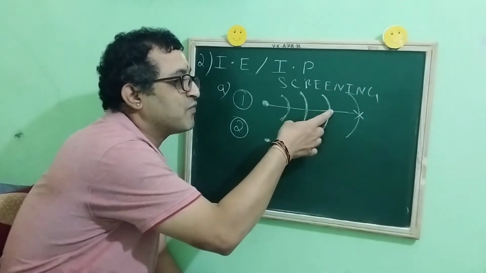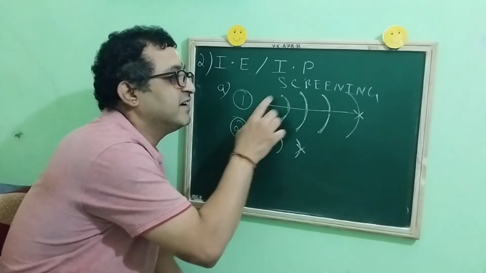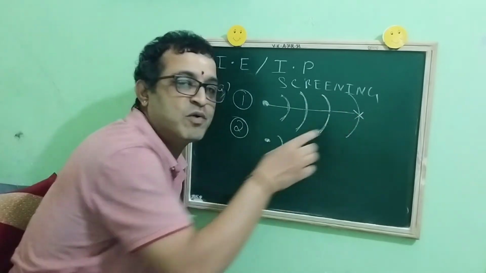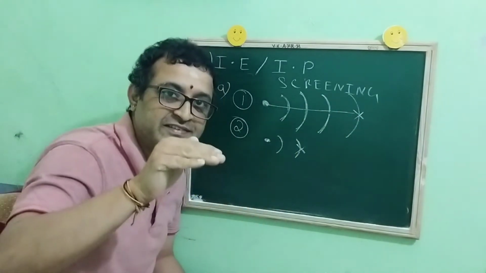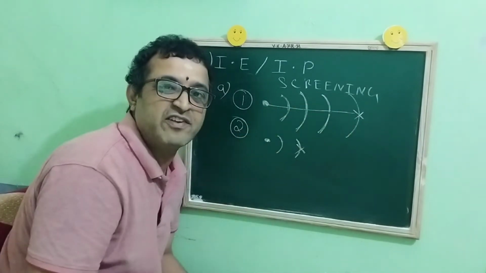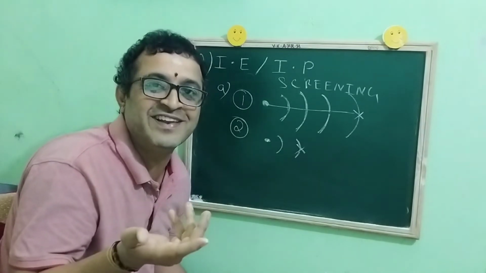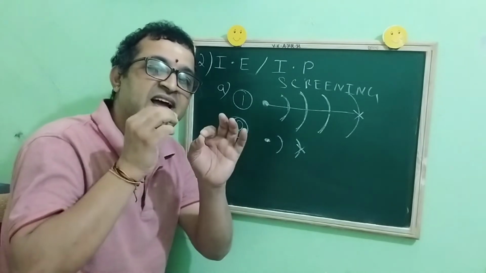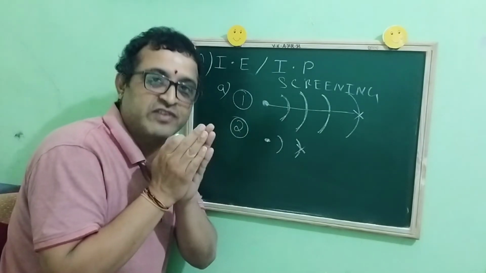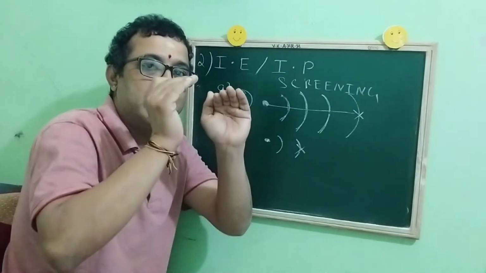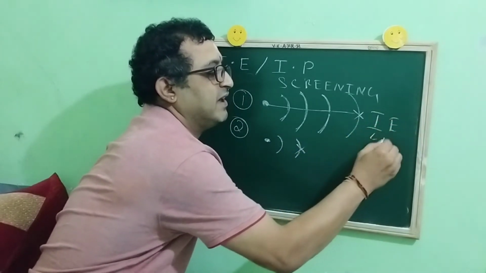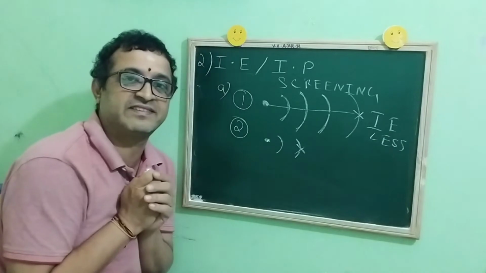Because of the screening effect, as the distance increases, the force of attraction between nucleus and the outermost electron will be less. When the force of attraction is less, obviously it is easy to remove the electron. That is, the energy you need to supply to remove the electron is less. That is, ionization energy is less.